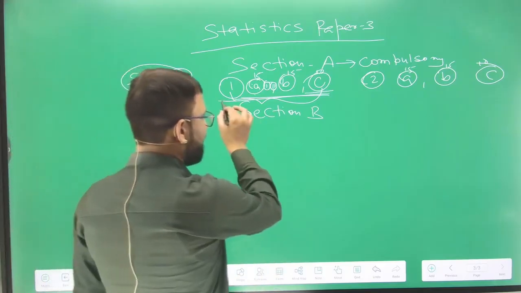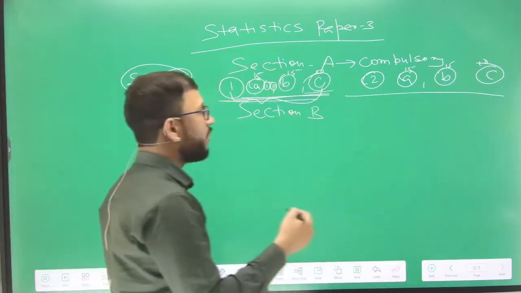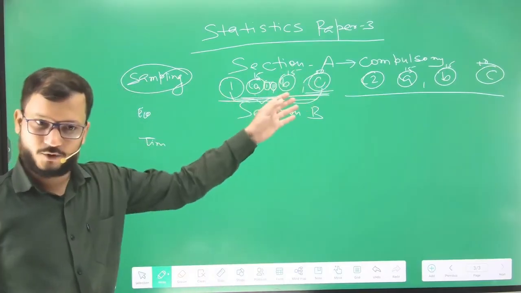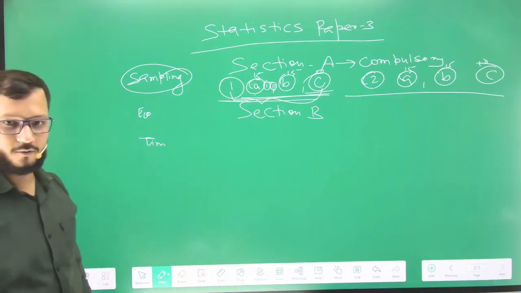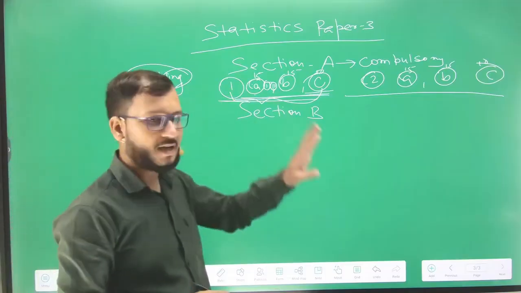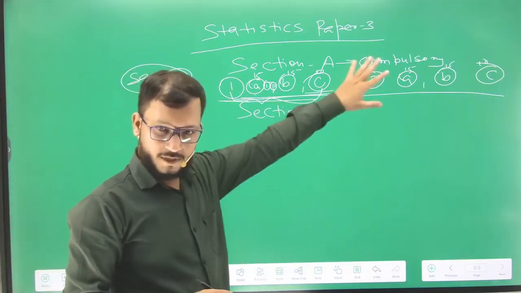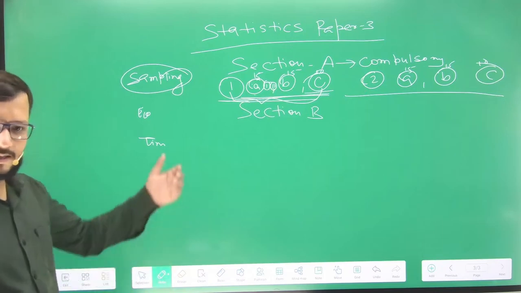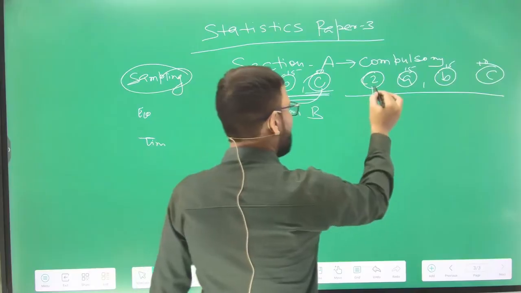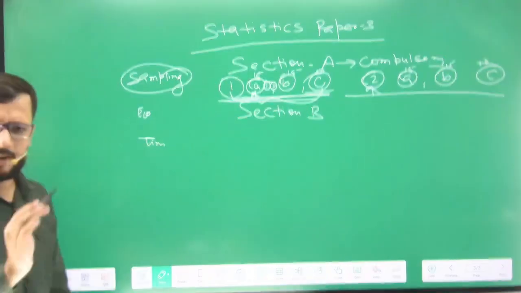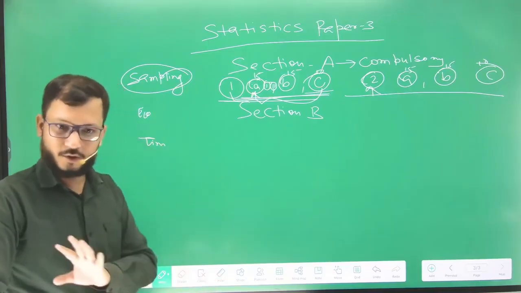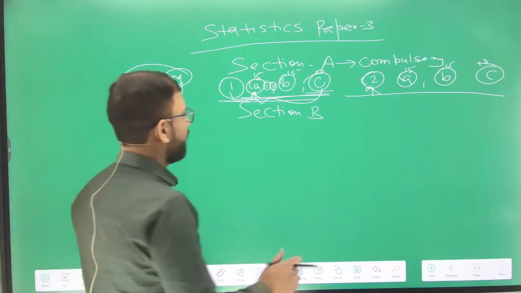In section A, suppose none of the questions come from sampling and econometrics, then all the 80 marks of questions are left. You will not be able to do any questions, and it is not necessary that they will always ask the question from sampling and econometrics there. They can ask from anywhere, though generally at least one question from econometrics and one from sampling is asked. Got the point? But it's not necessary, and there is no such rule in the paper.